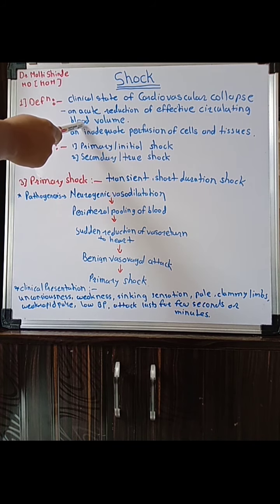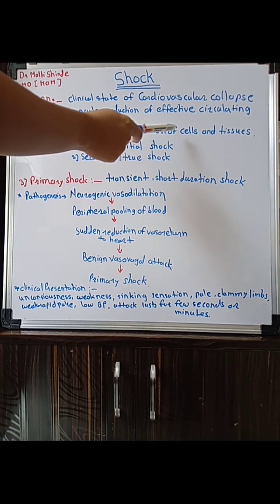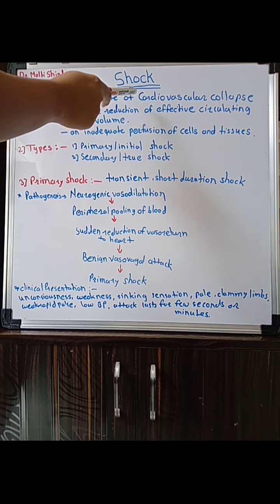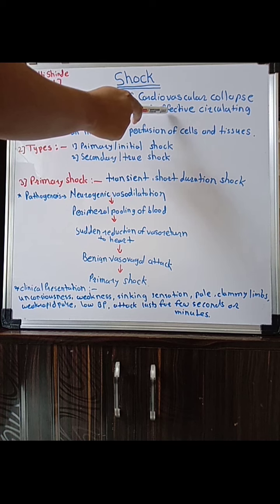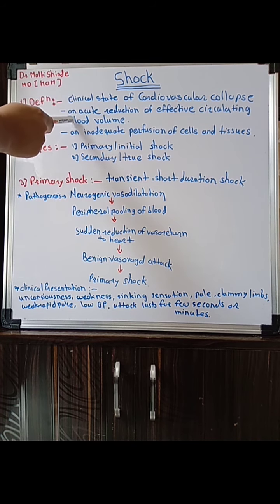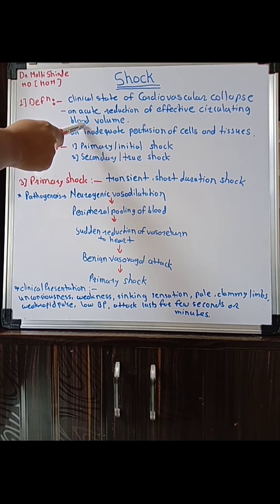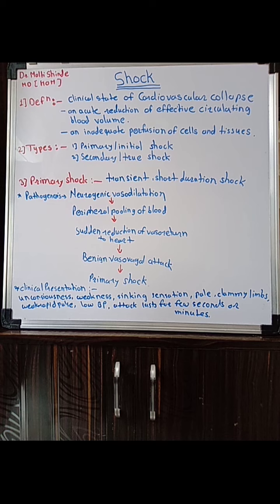When there is a reduction in the blood volume, that causes inadequate perfusion. There is less supply of blood to the cells and tissue, and this whole character is defined as shock: a clinical state of cardiovascular collapse characterized by an acute reduction of effective circulating blood volume, and second, inadequate perfusion of cells and tissues.